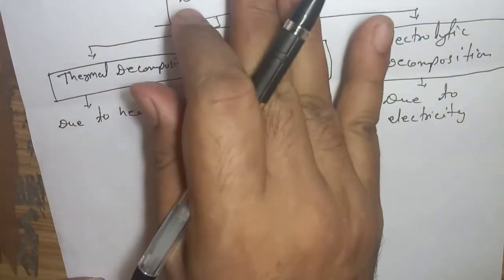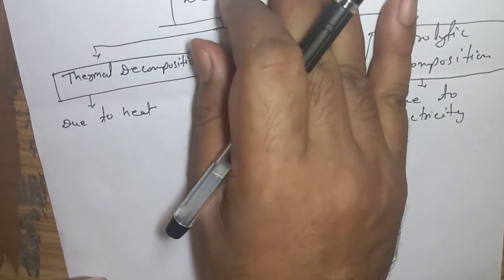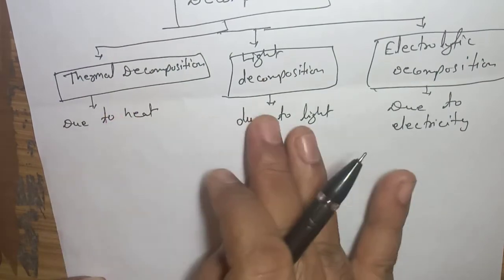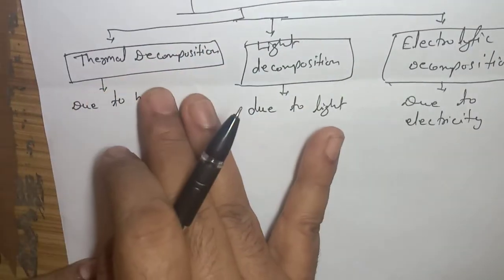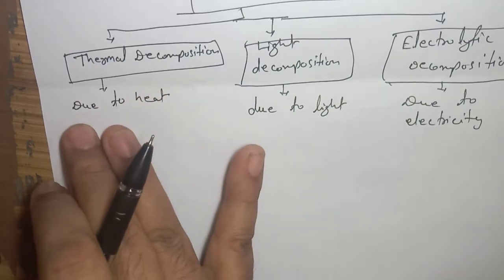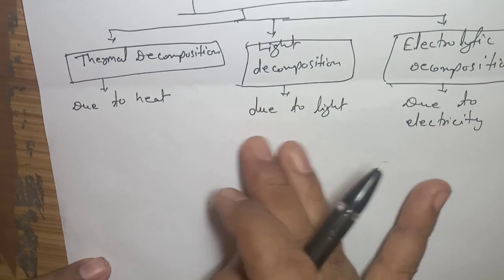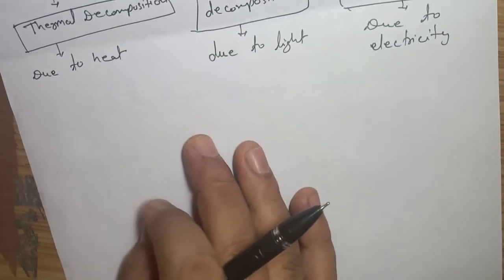So energy is needed for this reaction to proceed, and the energy sources are of three types. Based on that, we have thermal decomposition, where the source is heat; light decomposition, where the source is light; and electrolytic decomposition, where the source is electricity.